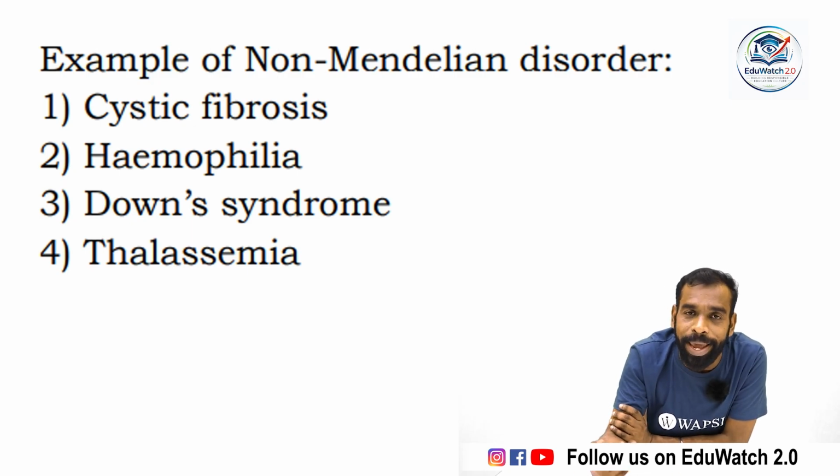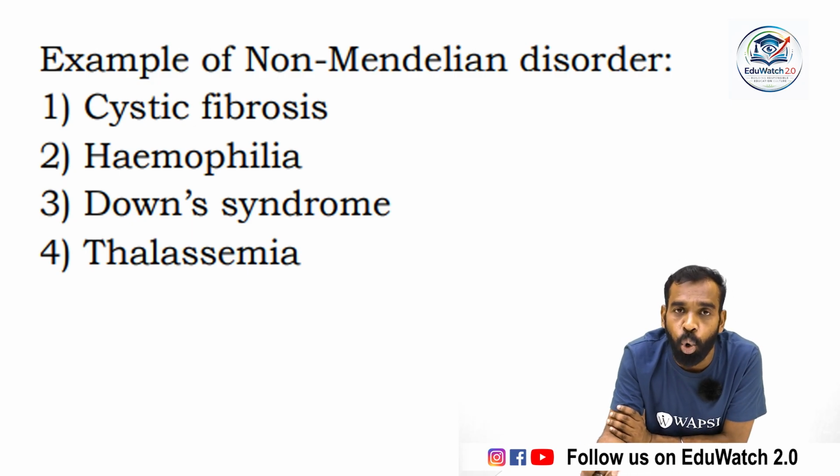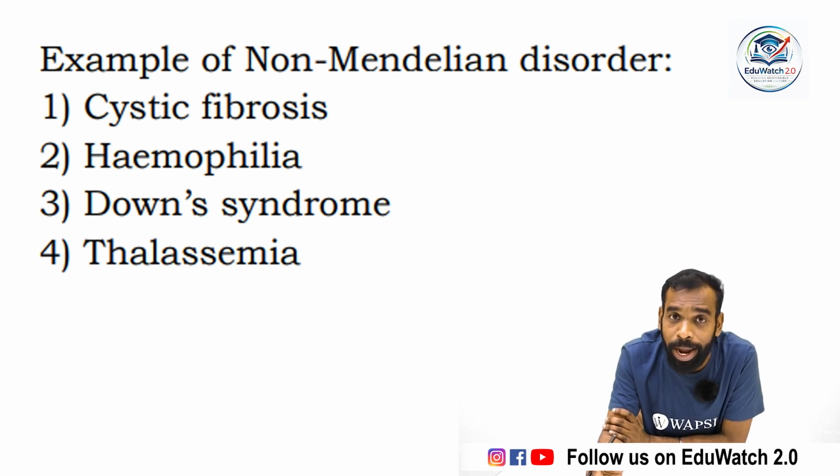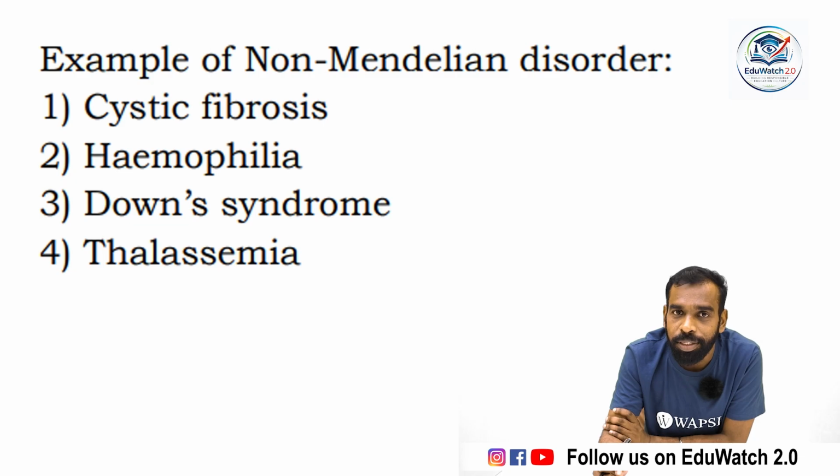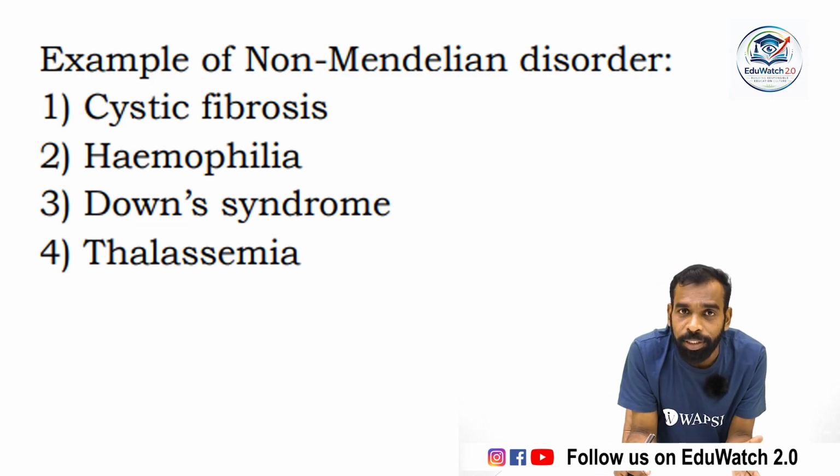That concept was explained by Georg Johann Mendel. For explaining that particular concept, he conducted monohybrid, dihybrid, trihybrid crosses. You people know more about it. So that's why I am not going to explain more about the Mendelian concept.